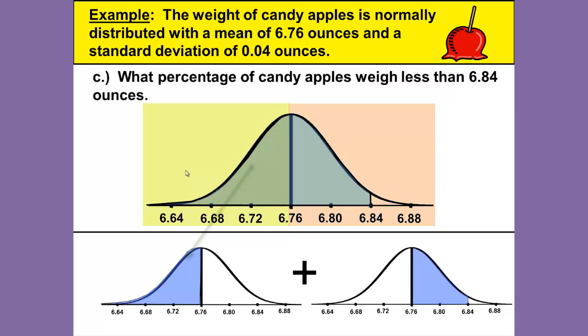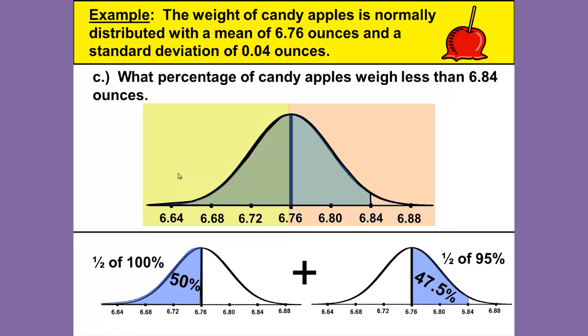So let's shade that as a 50% piece, shading back from the center line. Then the other piece will be from 6.76, the mean, to 6.84, which means it's half of a 2 standard deviation jump.